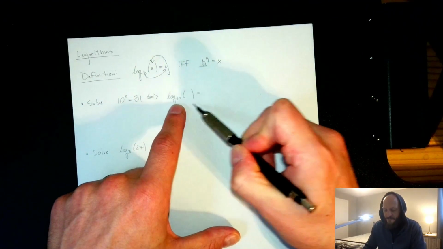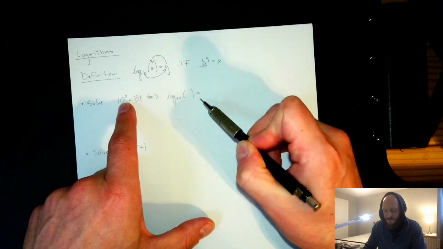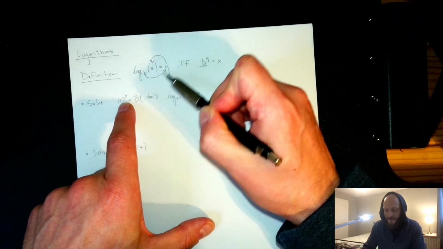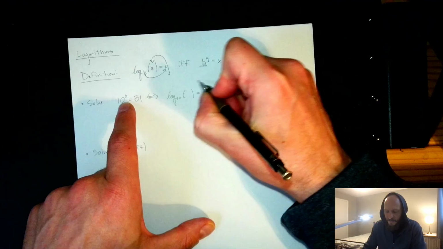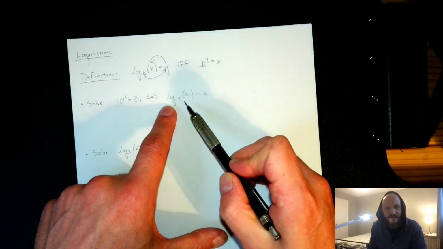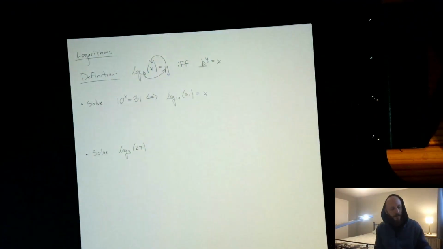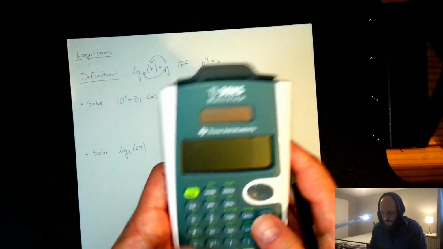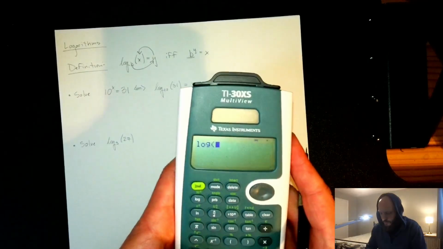Over here on the right hand side of the equal sign is the x, like the bottom arrow that I'm using right here. 10 raised to the xth power equals 31. So 10 to the x equals 31 is equivalent to log base 10 of 31 equals x, and x is what we want. This isn't something that you can really do by hand or off the top of your head, so we need to do log of 31.